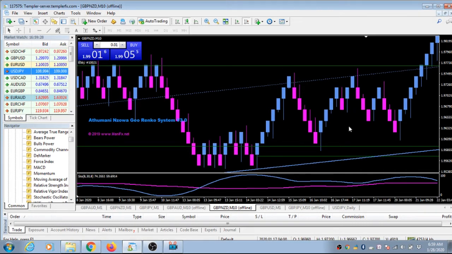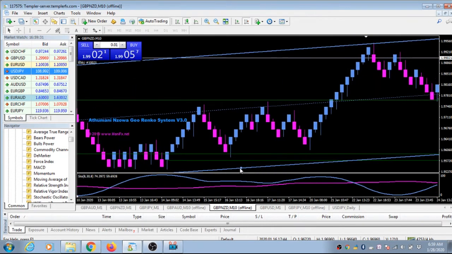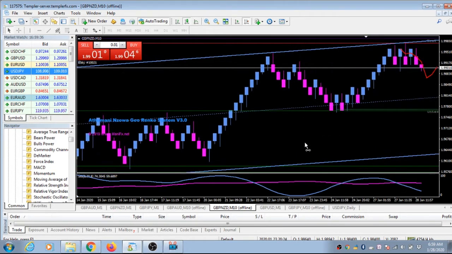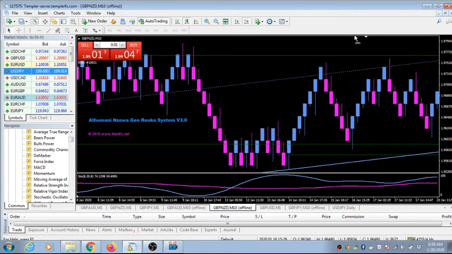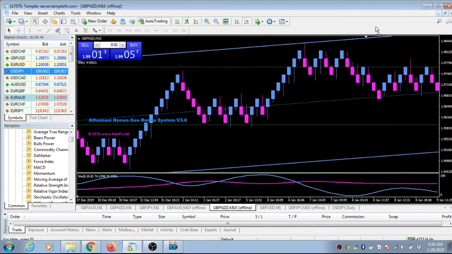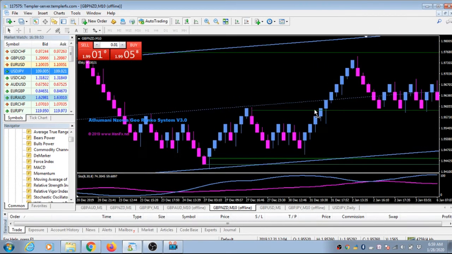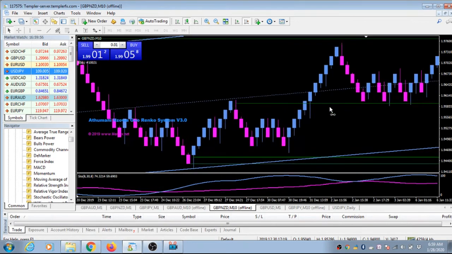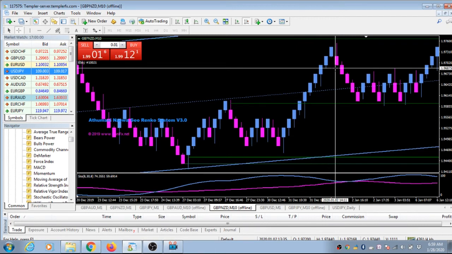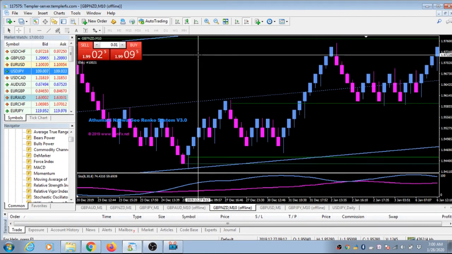So once you use the Geo Renko system, I mean the geometric Renko chart, you'll come to realize that you can generate several positions or opportunities compared to when you are using the normal charts. So there are so many reasons that you should use the geometric Renko compared to the normal Renko charts.